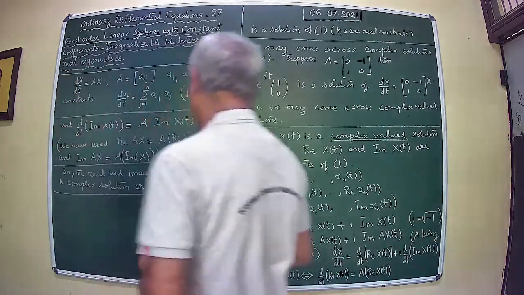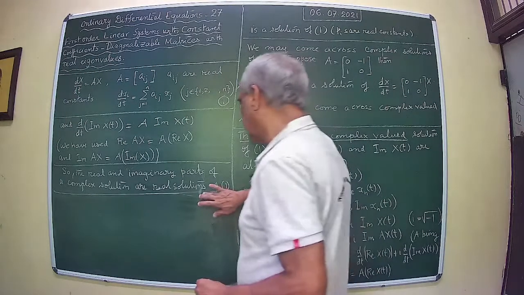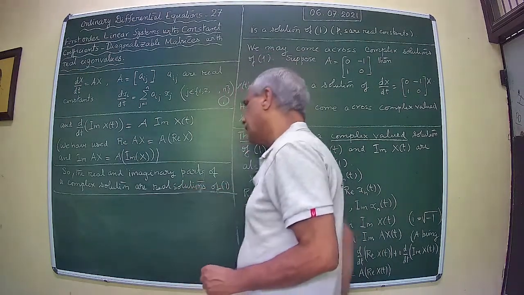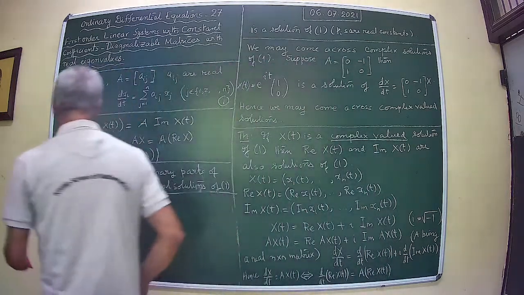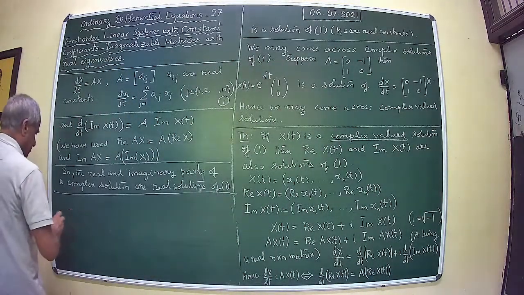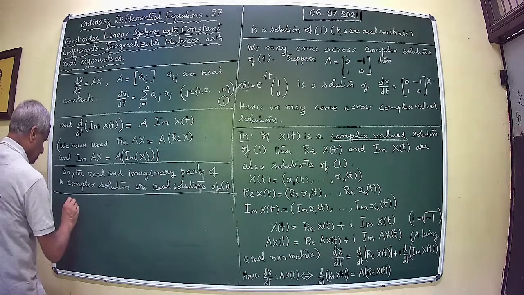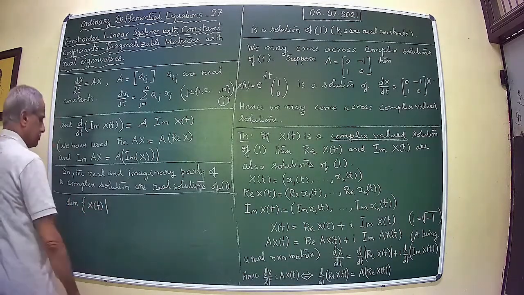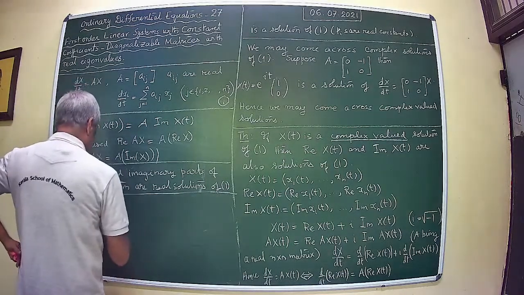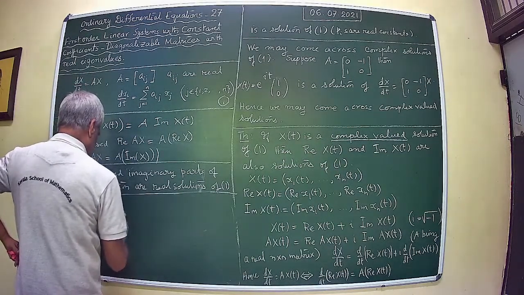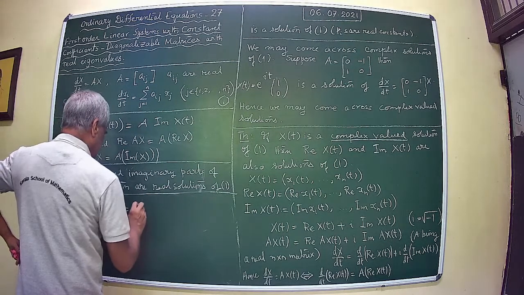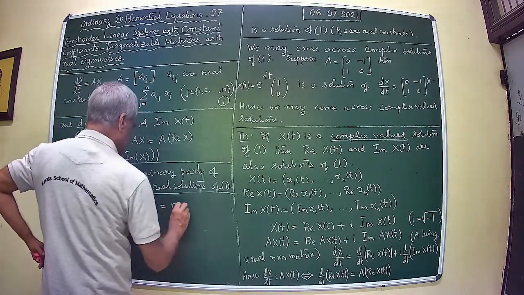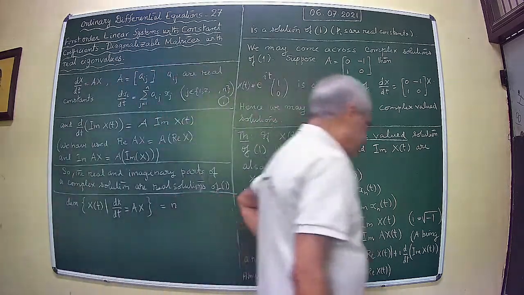Now what do we have now? Suppose you know that the dimension of the solution space is n, it's an n-dimensional vector space.